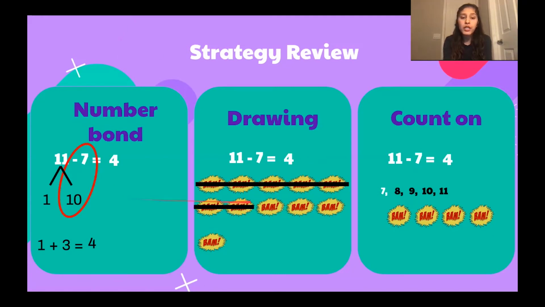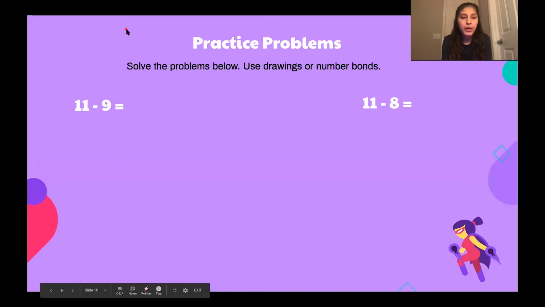So these are 3 strategies that you can use to solve your problems. So you can go ahead and use these for the practice problems now. So here's the practice problem. I'm going to move my screen over here. It says solve the problems below.